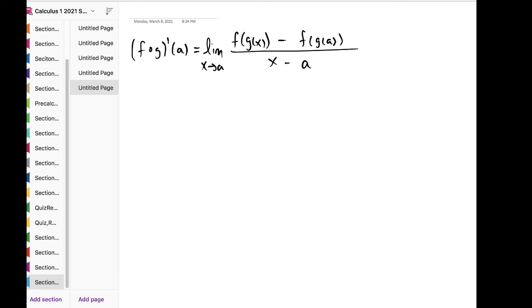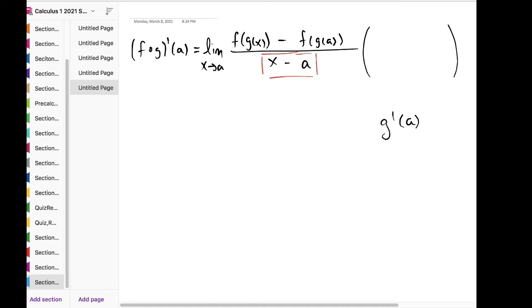However, let me ask you this. What can I multiply here in order to pop out a g prime of a? What can you multiply to get g prime of a? Hint, this is the denominator. What would the numerator be for it to be g prime as x approaches a?